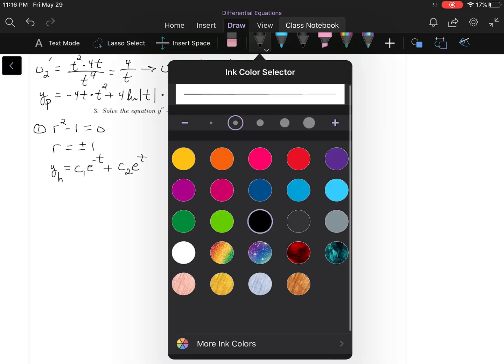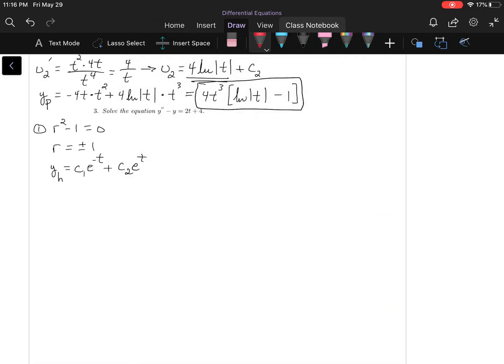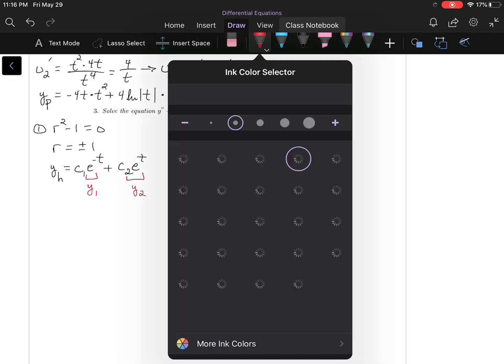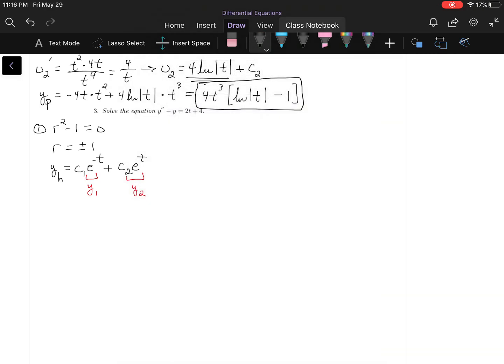And I am going to call this one y1 and this one y2. It's already in its general form, which means 2t plus 4 is our g of t.